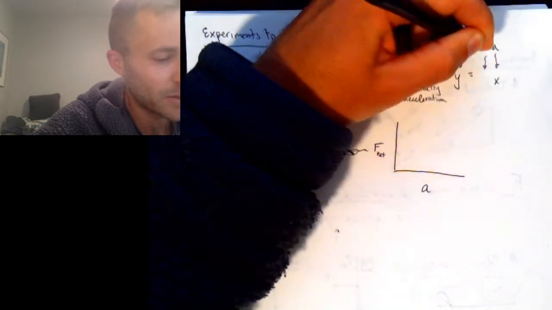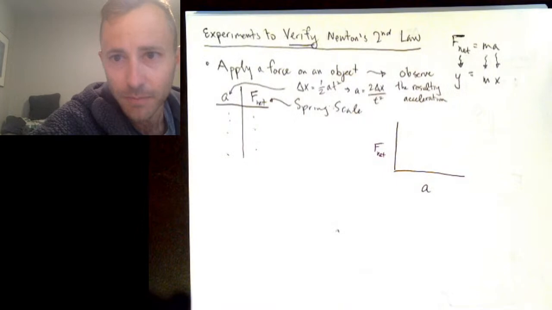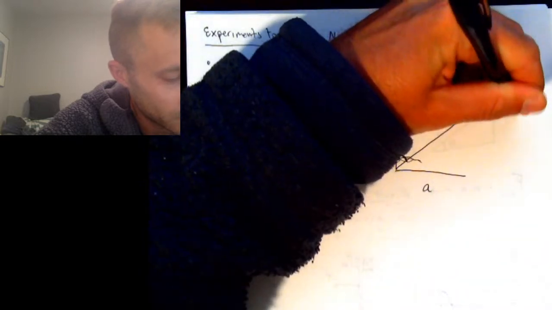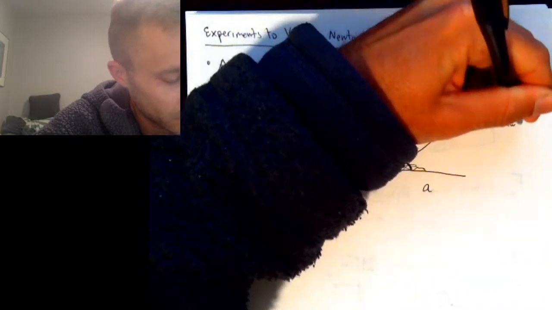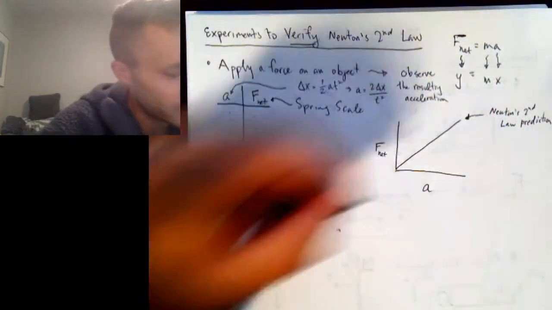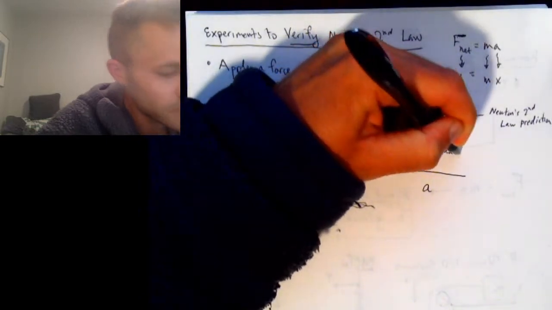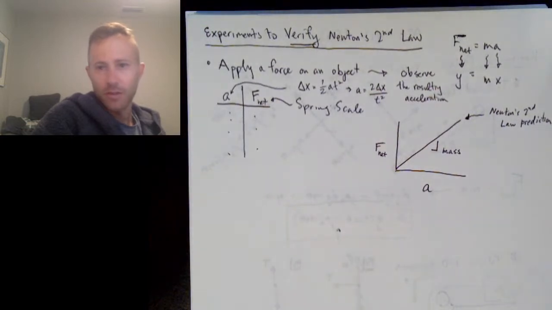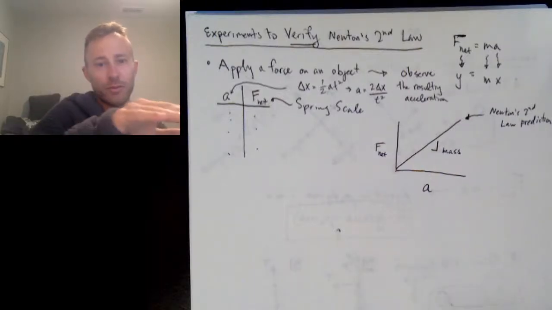And that means that mass is acting like the slope. So this graph should look like a straight line. This is the Newton's second law prediction. And furthermore, we can see that the slope is the mass of the object.